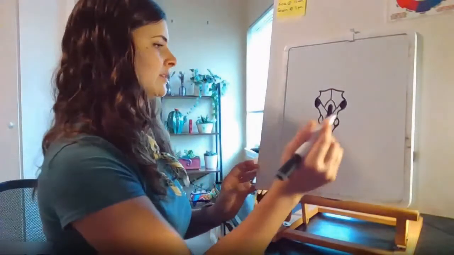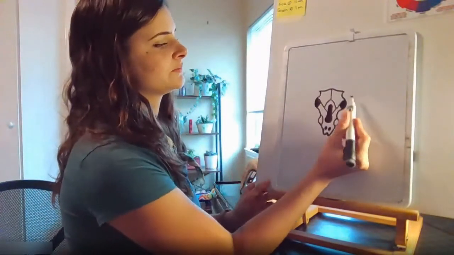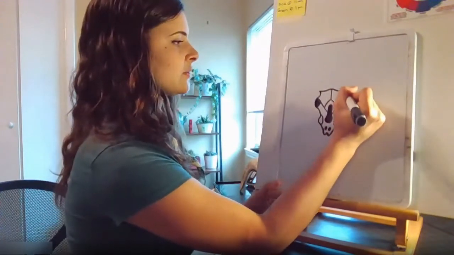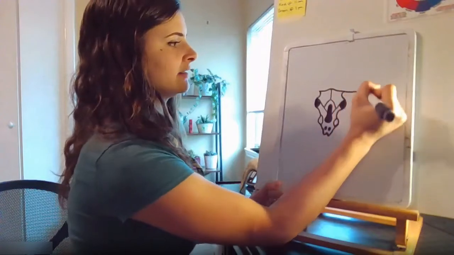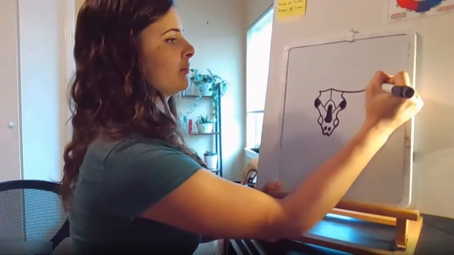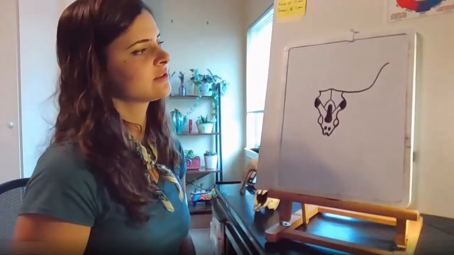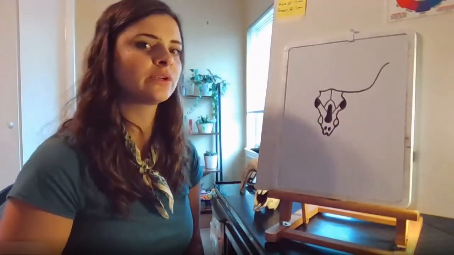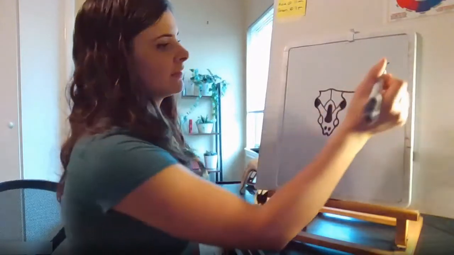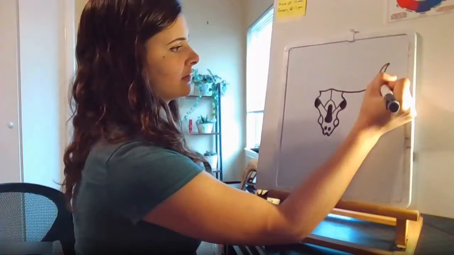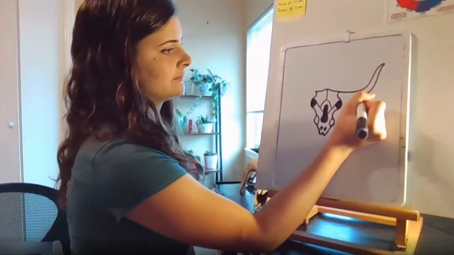So we're going to add our horns on both sides of our skull inside of these sockets that we did at the very beginning. We're going to start with a curved line that goes upward and kind of goes to the right again. So it almost looks like a weird looking S. Then you're going to do the same thing below it to thicken that horn.